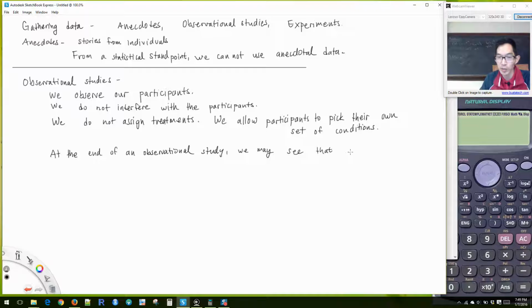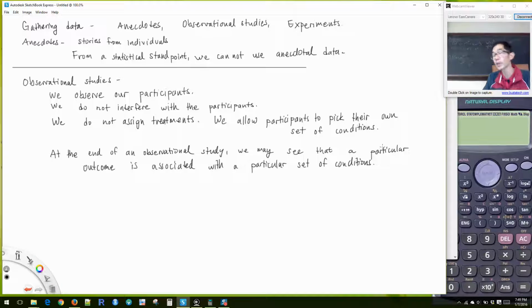So we may see that a particular outcome is associated with a particular set of conditions.